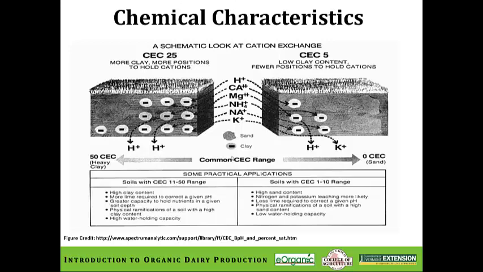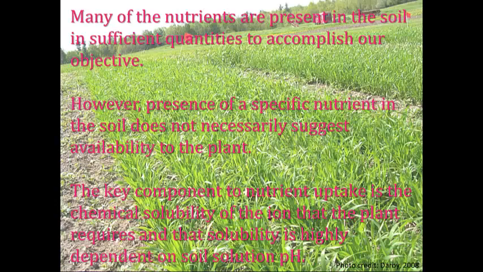And as you can see in the schematic, these include hydrogen, calcium, magnesium, ammonium, sodium, and potassium. So the more charge in your soil, the greater ability it has to hold on to these nutrients. And you can increase cation exchange capacity in your soils by having lots of soil organic matter, or more specifically, the dead organic matter.